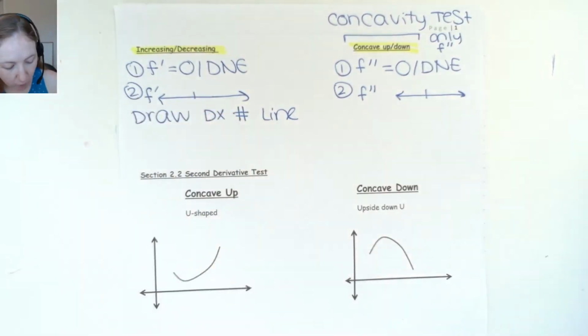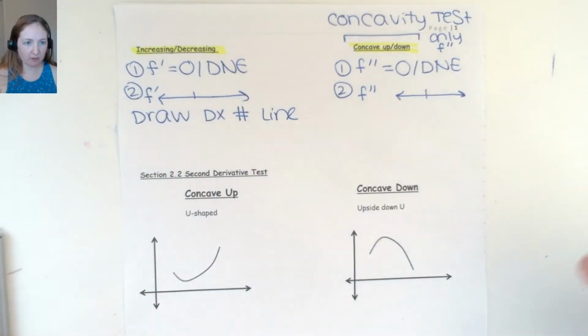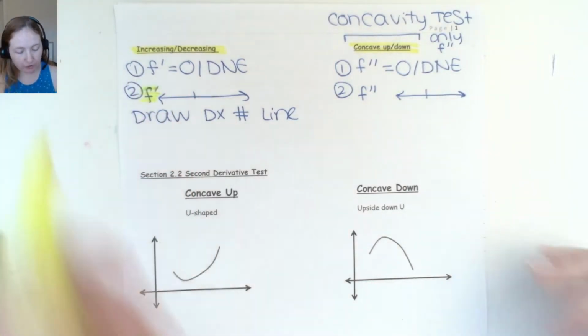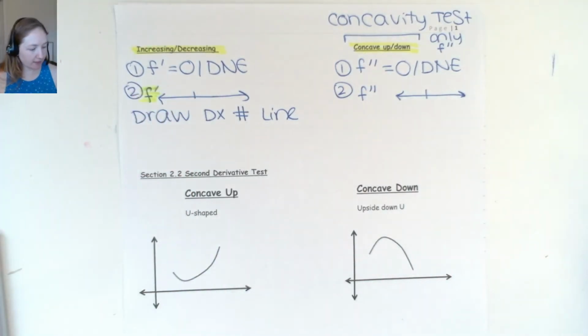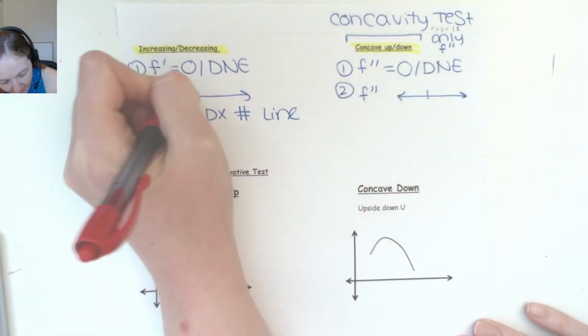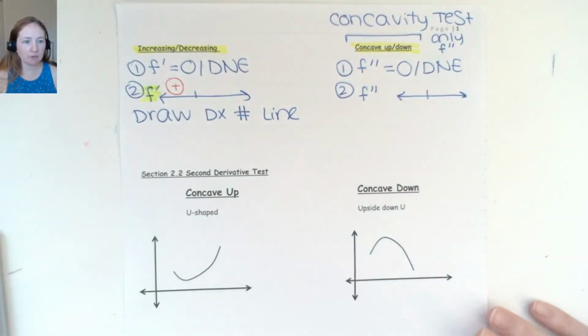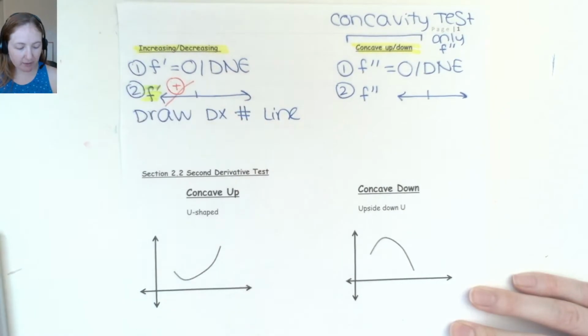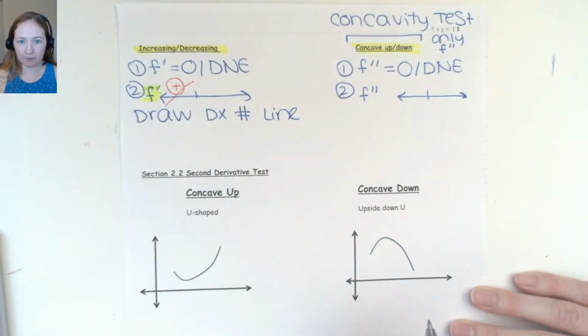Now, here is where it is really important to remember that the plus or minus that you get depends on which derivative you're plugging into. If I plug into the first derivative and I get a positive, that tells us that we are increasing, that we're going up the hill.